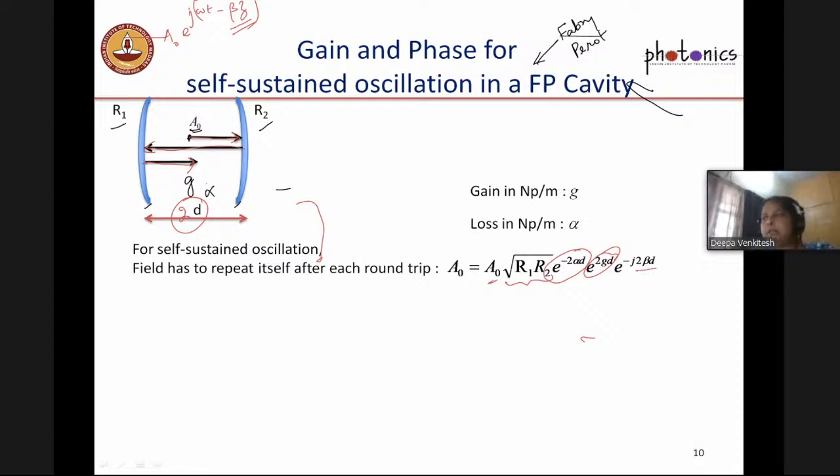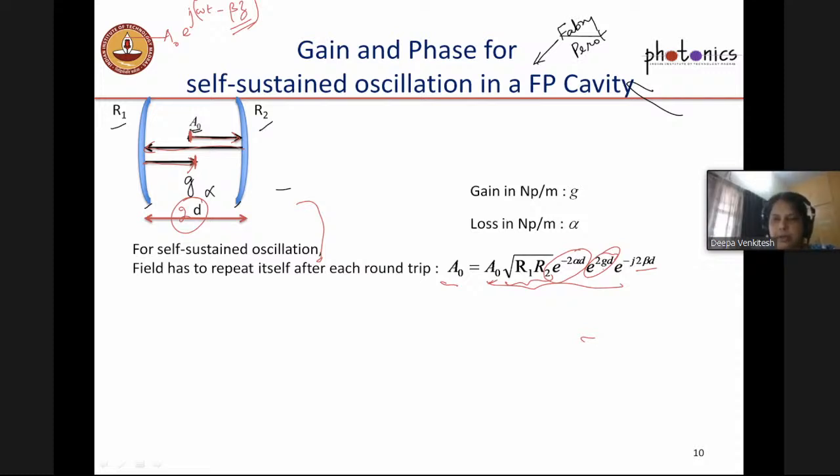So the condition we are imposing is that the field that started here and the field after one round trip have to be identical. It cannot keep growing, nor can it decay, because if it grows or decays, there is no sustained oscillation, right? So you're just demanding that A naught is equal to this.